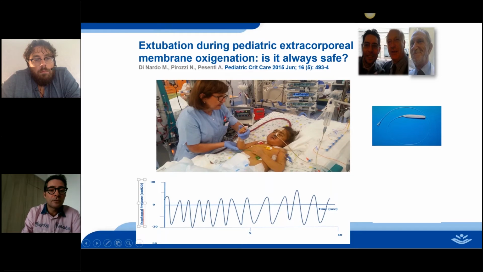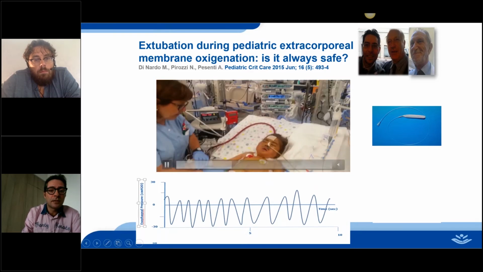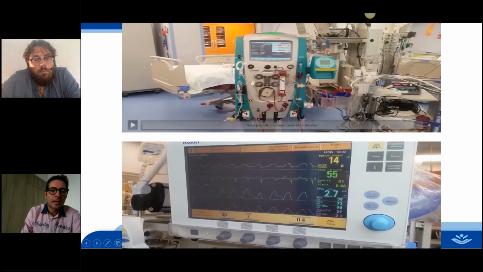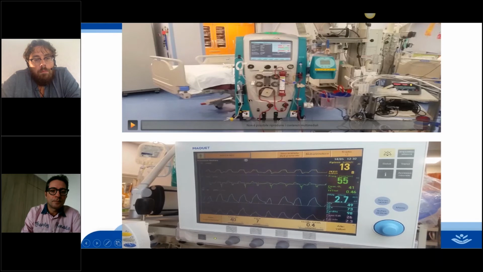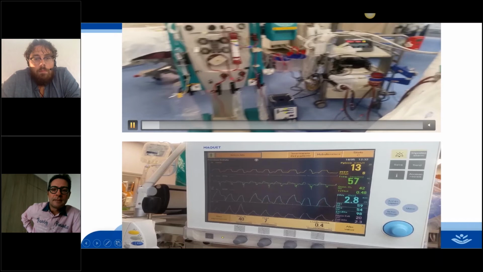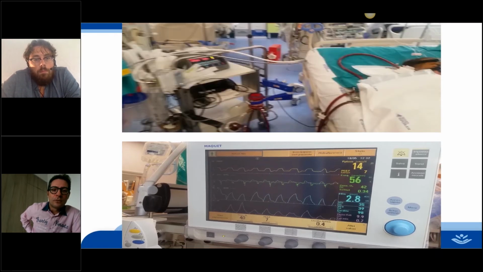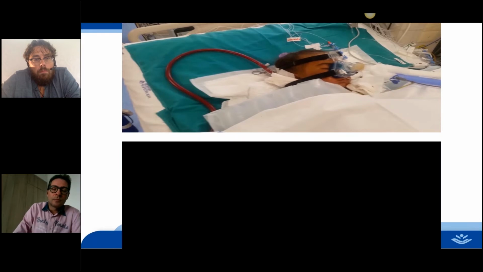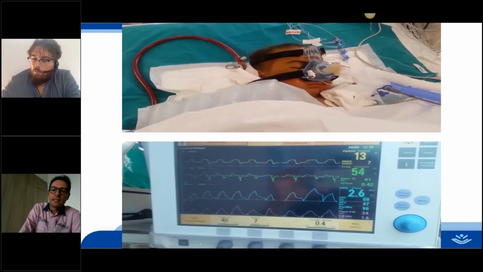We tried to solve this problem by introducing non-invasive ventilation, and as you can see here, and I hope the movie will go on, we apply non-invasive ventilation with a nose mask, and we try to understand what happened to the esophageal pressure and also to the NAVA.